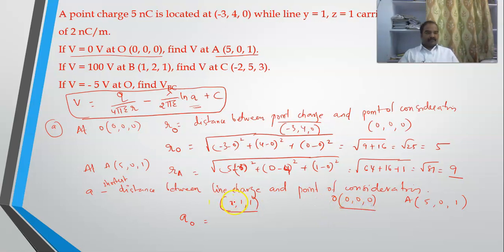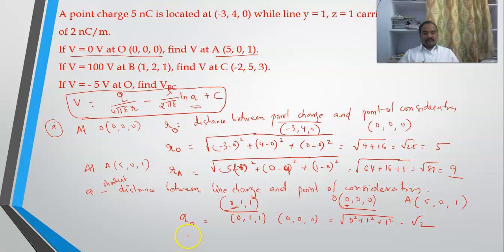The x value I don't know. If I don't know the x value, I can directly take it as 0 itself. So I'll consider between (0, 1, 1) and (0, 0, 0). Why am I considering this? I want the shortest distance, so to minimize the distance I will make this difference 0. That is the easiest way. So what is the distance between these 2 points? 0 square plus 1 square plus 1 square, it is root 2.